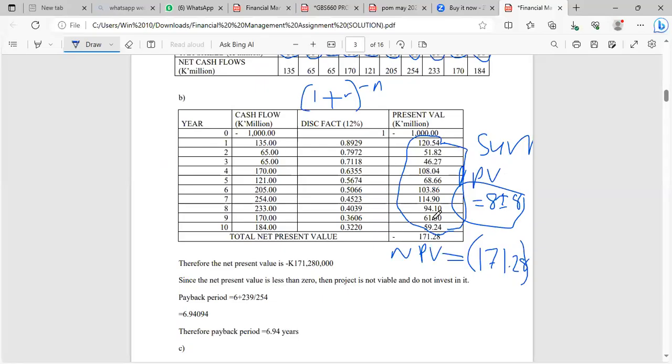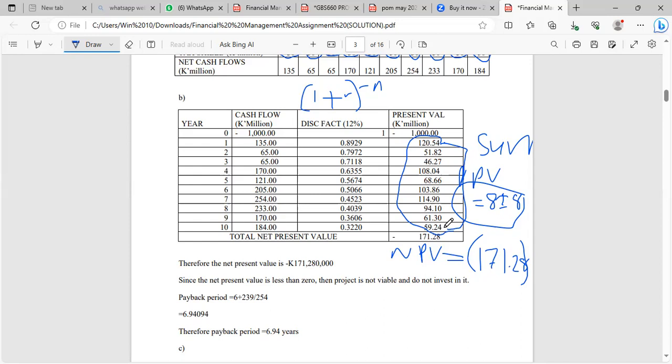Yes, negative is the correct answer because it is based on what we actually found after computing, meaning don't undertake this project, don't invest in this project, because after you invest, it will give you a negative answer. So don't invest in this project.